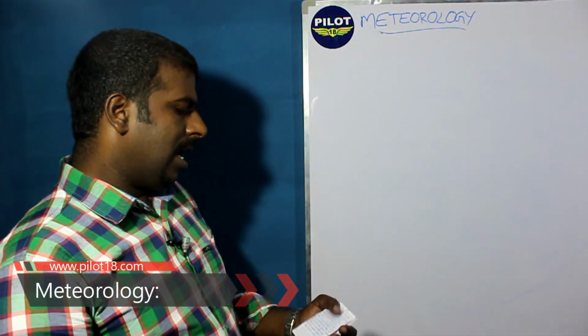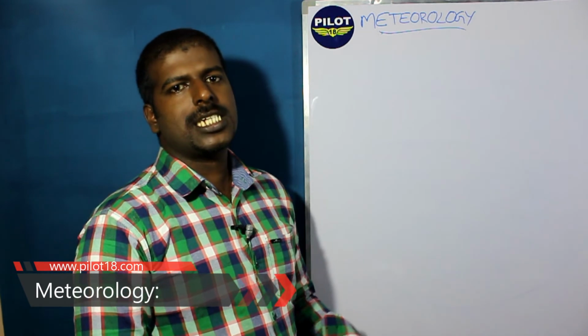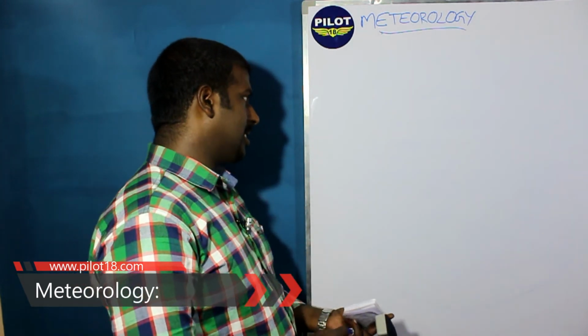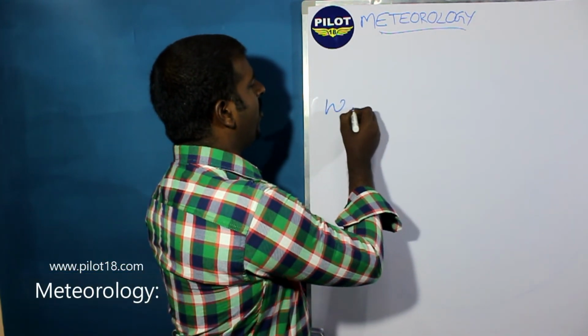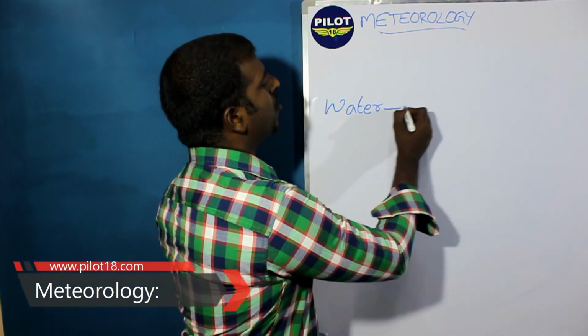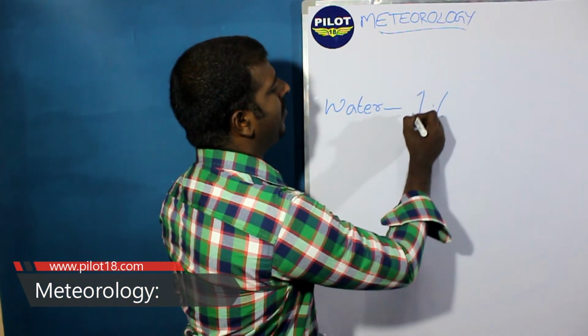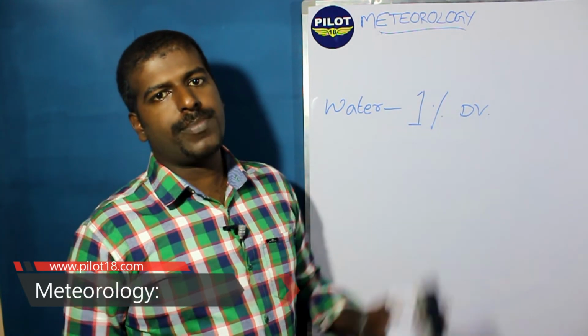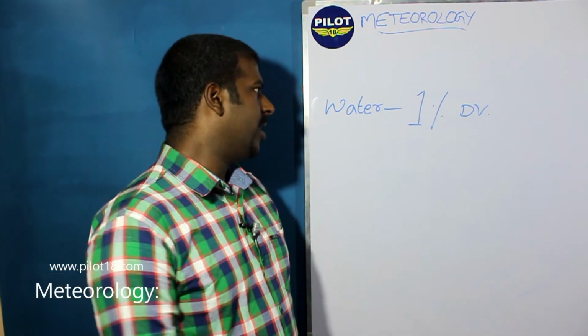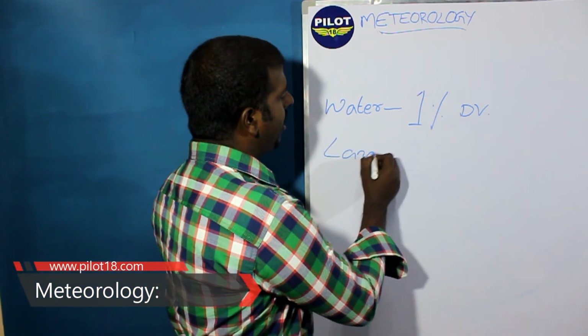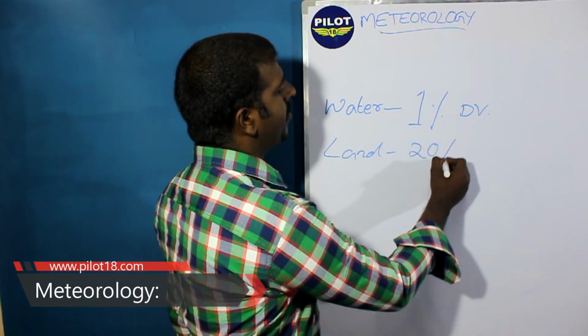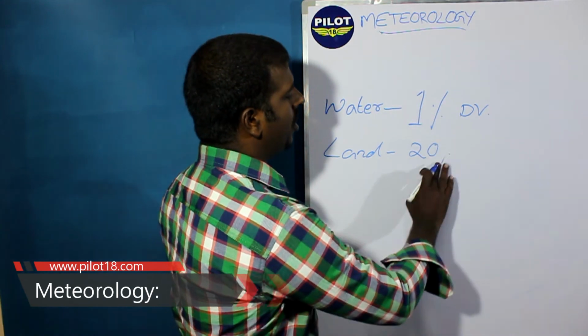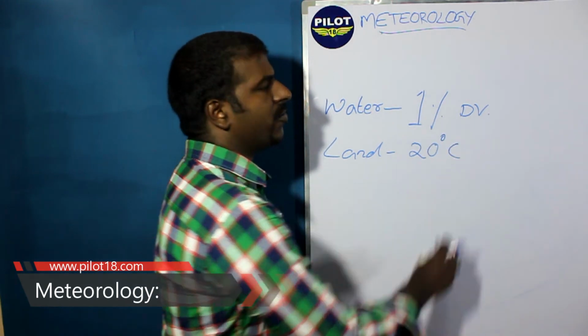Okay, and where is the diurnal variation more and less? Over a water surface, there is only 1% diurnal variation of temperature. Diurnal variation is just 1% over the ocean, and over land it can go up to 20 degrees Celsius of change.